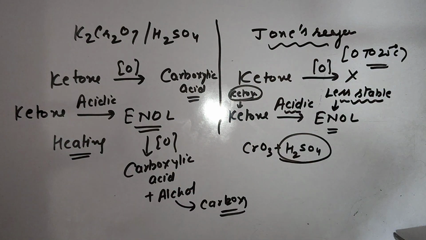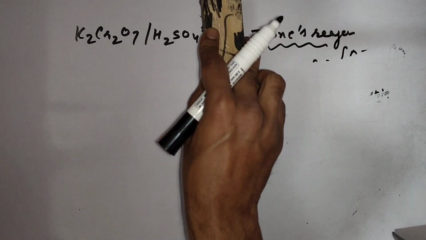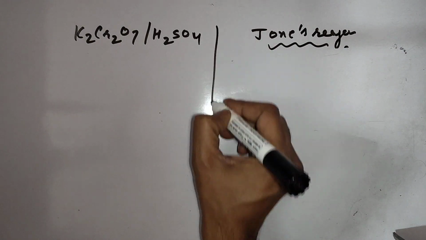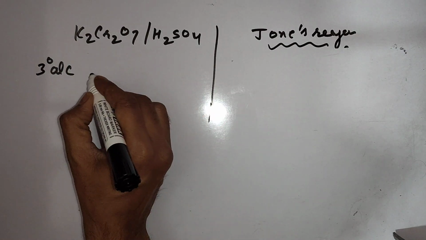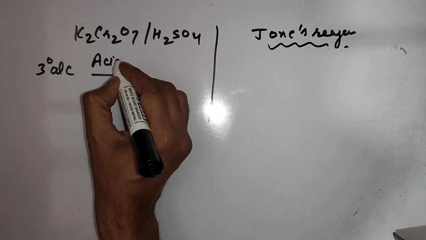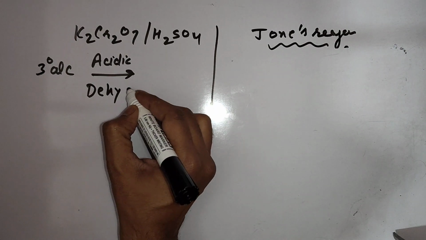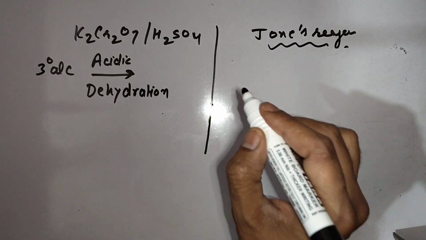Same for 3-degree alcohol. We know K2Cr2O7 can oxidize 3-degree alcohol. How? In acidic medium, firstly it will show dehydration. Please check the videos. You will find everything given there.